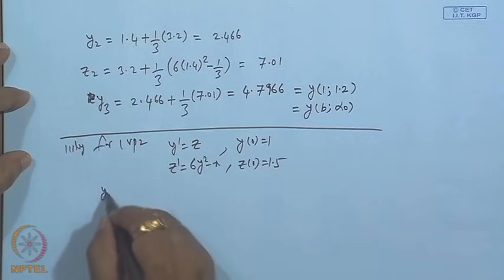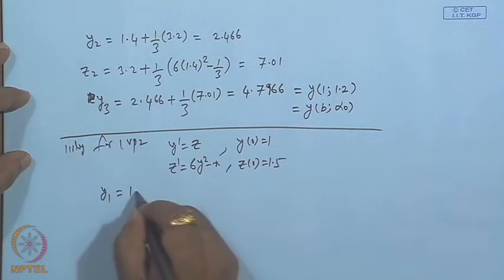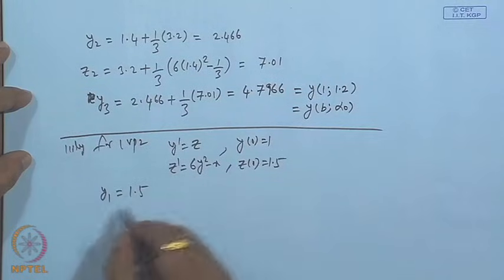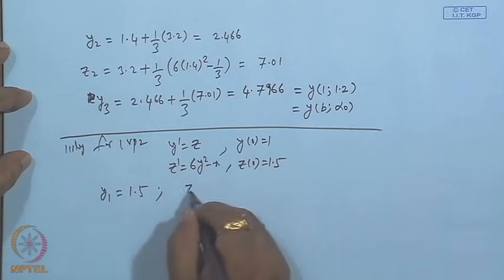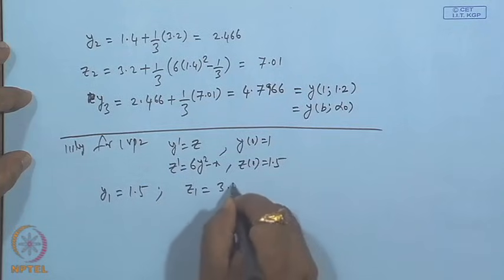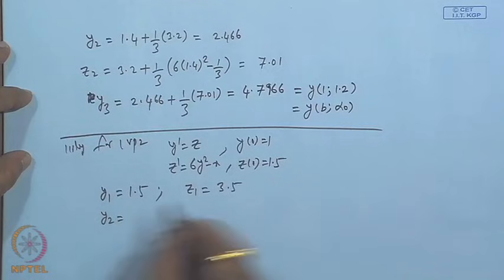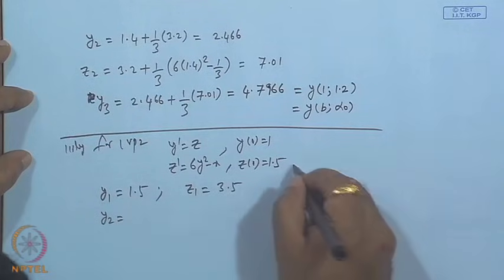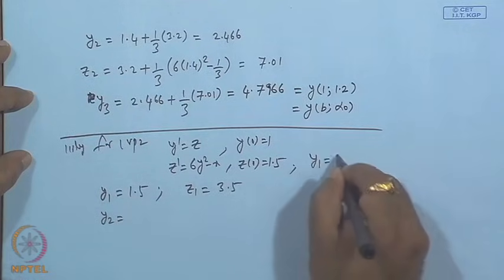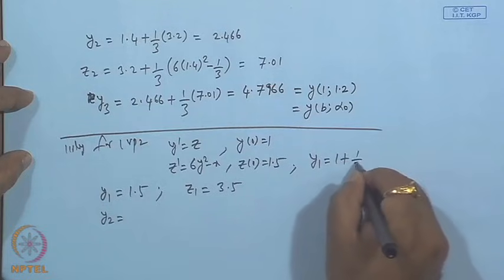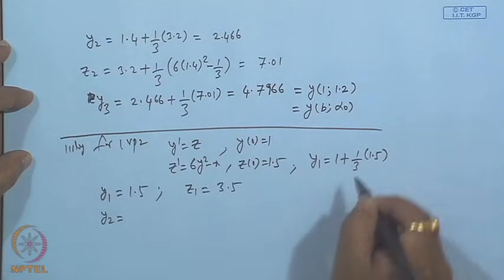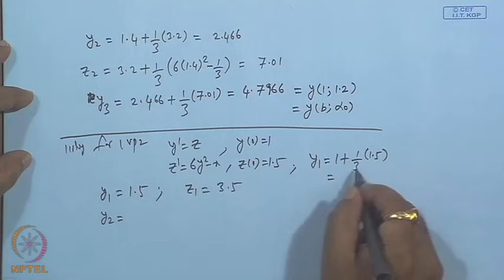So, we can obtain with the same Euler method: y 1 is 1 plus 1 by 3, so this is 1.5.